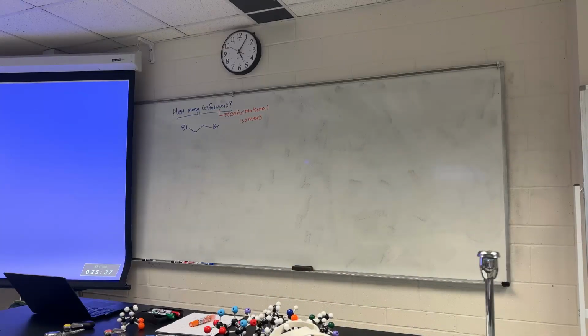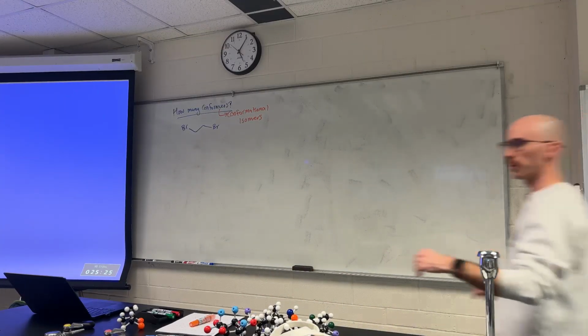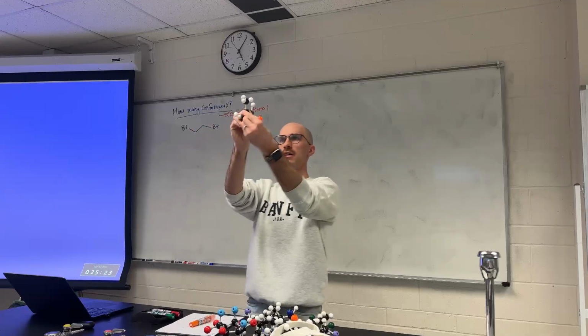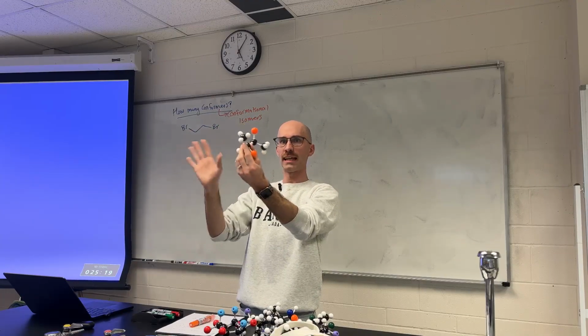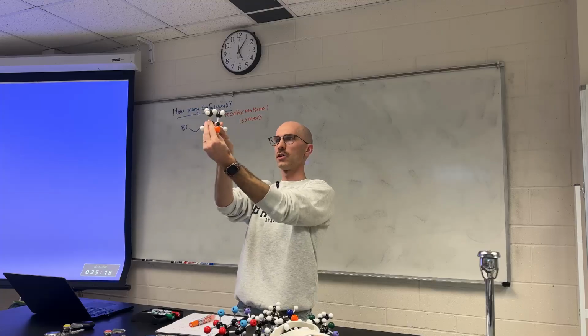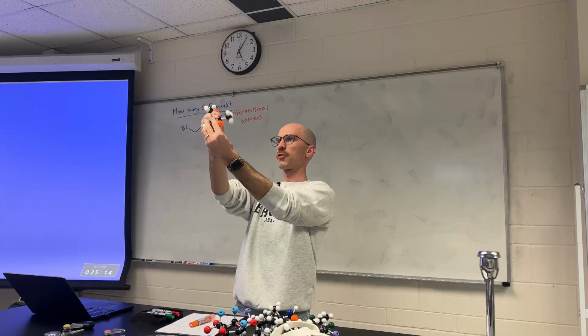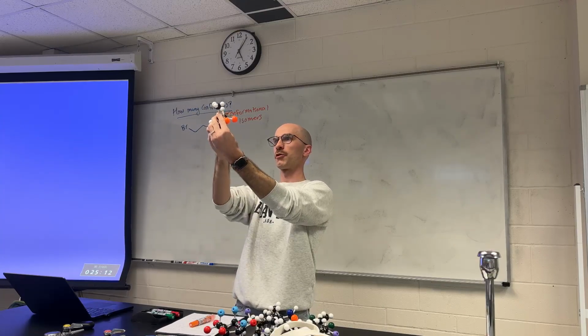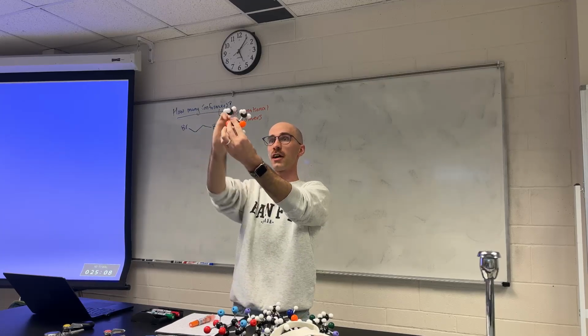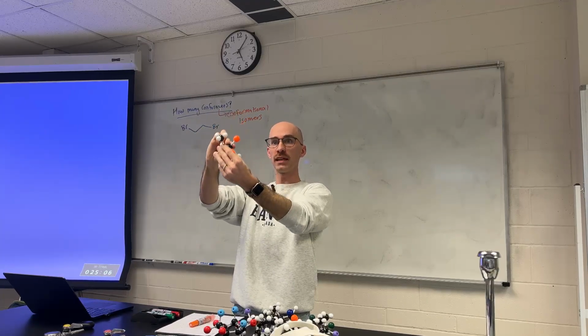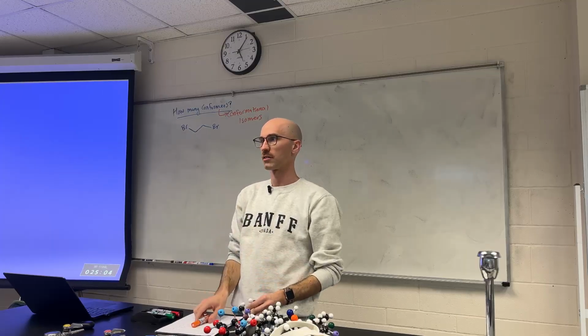Group 1 with group 1, group 1 with group 2, group 1 with group 3. So we should have 3 eclipsed conformations, at least, right? And then we have 3 staggered conformations everywhere in between those eclipsed conformations.